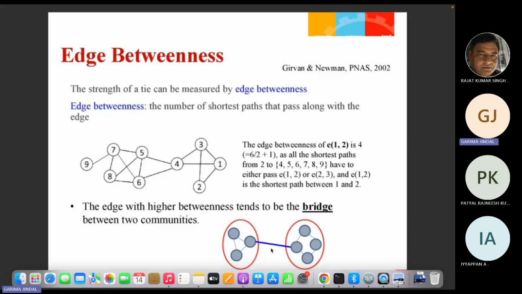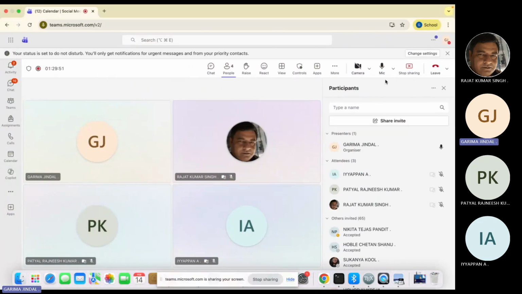disjoint networks. Okay, so in this algorithm, what we do is first find the edge betweenness of all the edges. Then we sort the edge betweenness values, and then we remove the edge that has the highest betweenness value.